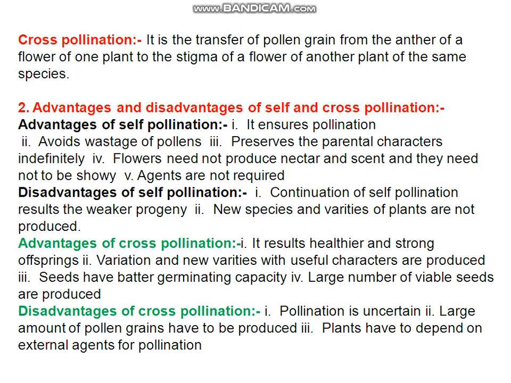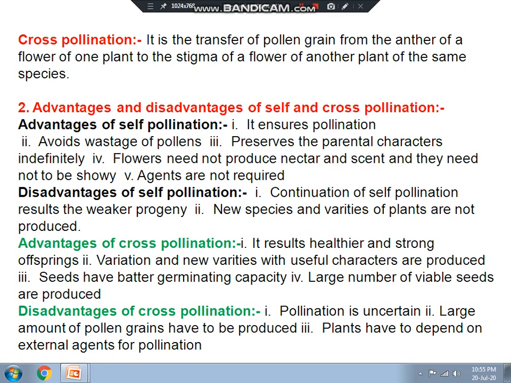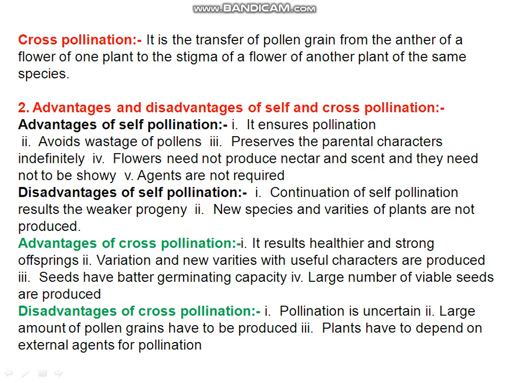That means it is sure that pollination will occur, because in the same flower pollen grains are produced and eggs are also remaining there. That means both male and female parts are remaining in the same flower. That is why it is sure that the pollination will occur.